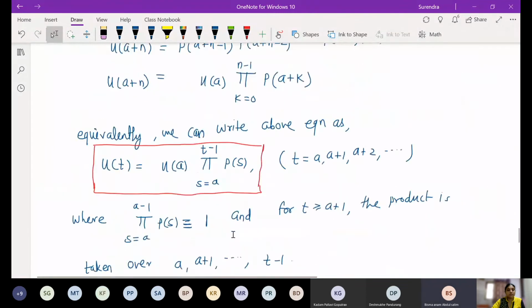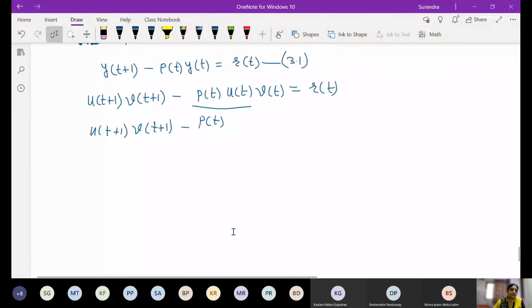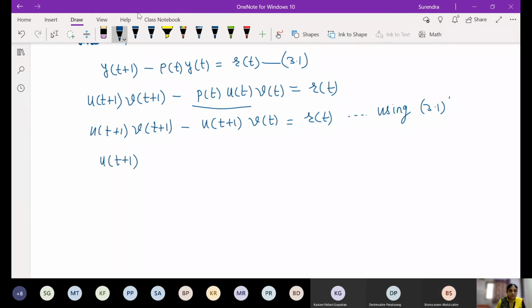From 3.1 dash, I can write p t into u t as u at t plus 1. So it becomes u at t plus 1 into v of t, which is equal to r t, using 3.1 dash. Is that okay? Now u at t plus 1 is common, what is remaining? V at t plus 1 minus v at t is equal to r t.